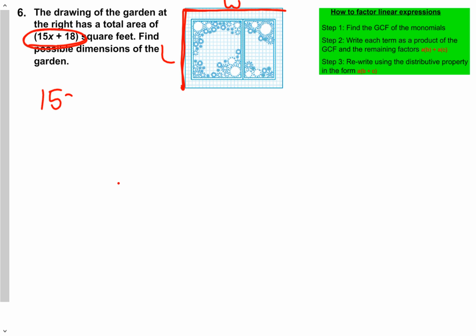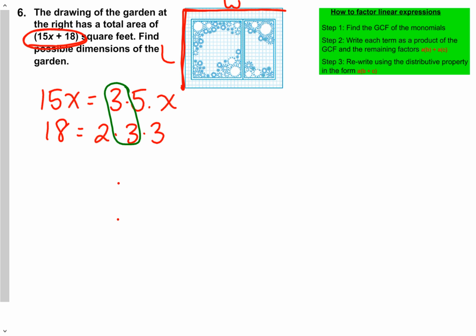So 15x is, I'm sorry, not 2 times 5. It's 3 times 5 times x, and 18 is 2 times 3 times 3. The one that we have in common is 3. Anything else? No. So our greatest common factor is 3.